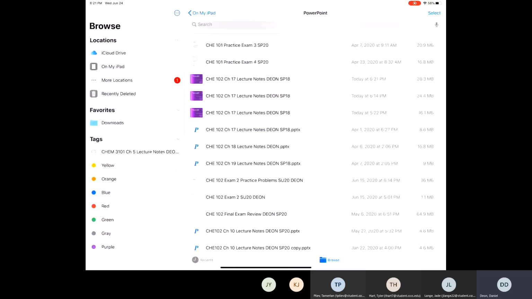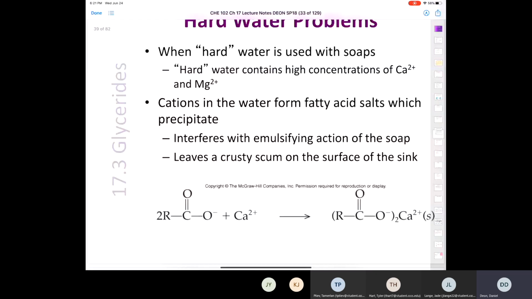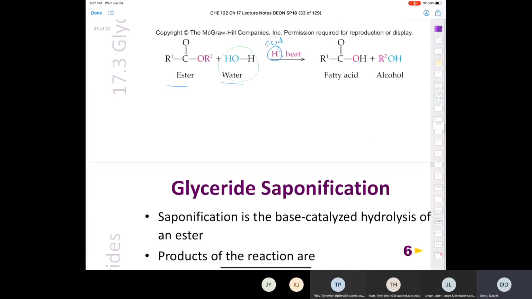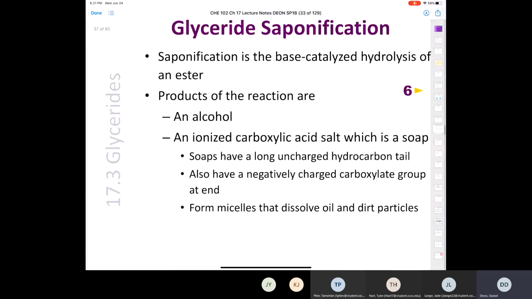Let's talk about saponification some more. If I can find my slide here, glyceride saponification. It says here that the saponification reaction is the base catalyzed hydrolysis of an ester, right? If we take a good old ester, and we treat that with a hydroxide base like this, we will end up producing a carboxylate.